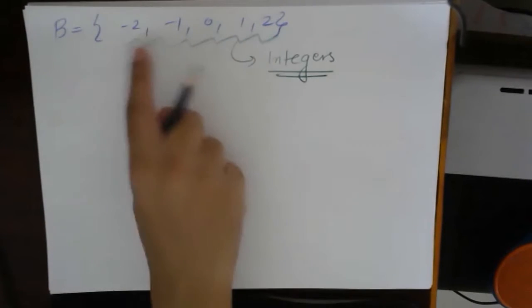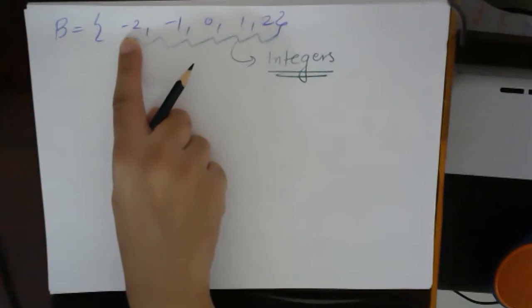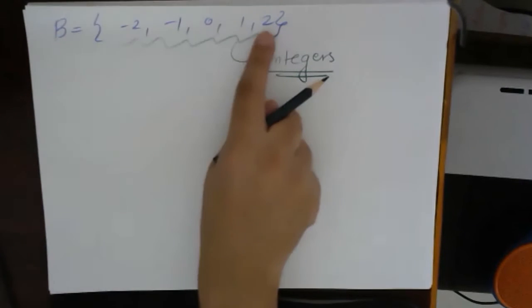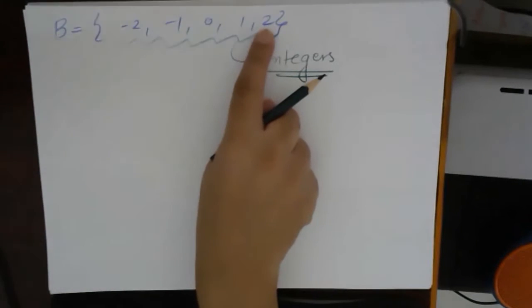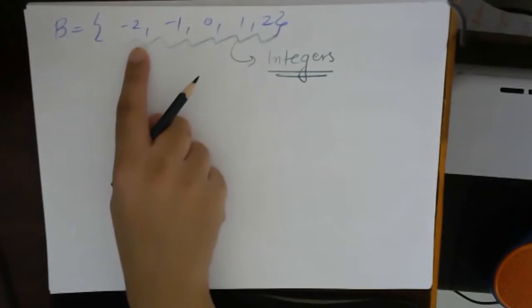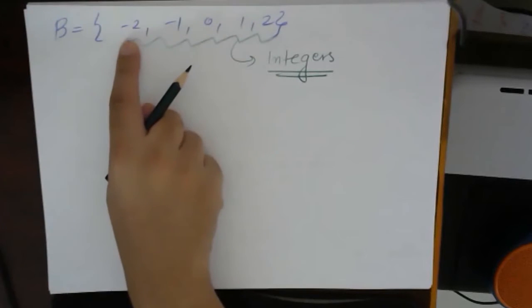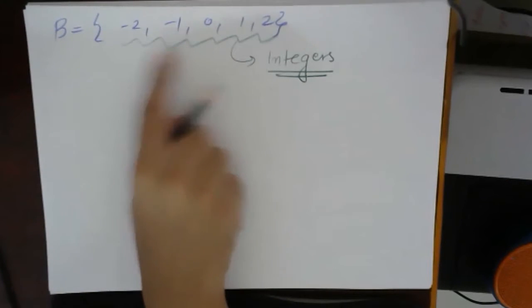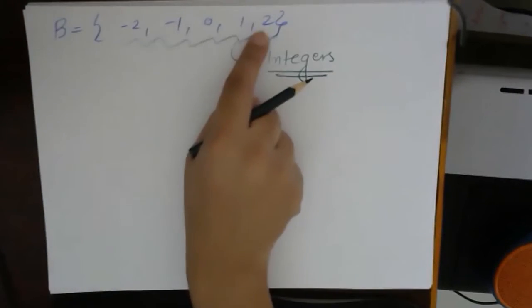My lowest integer is -2, and the highest integer is 2. So I can say that this is a set of integers from -2 to 2.